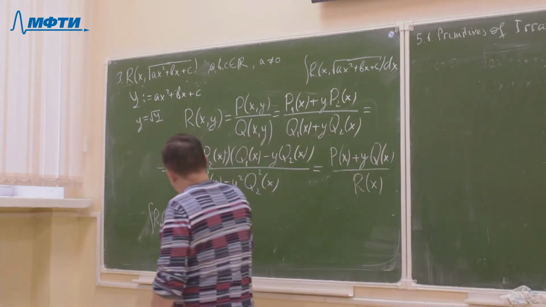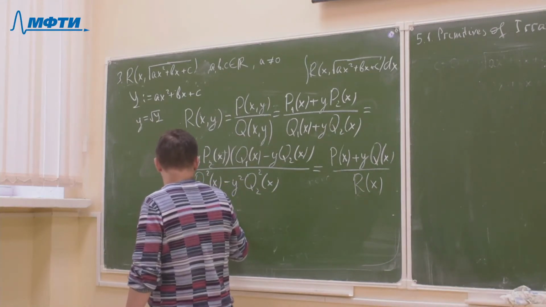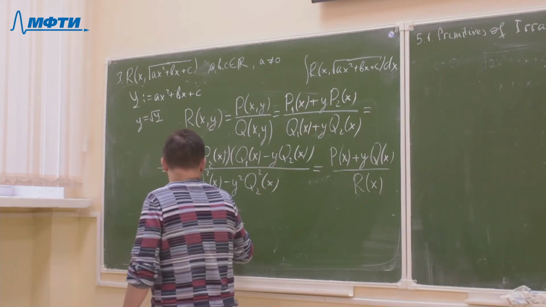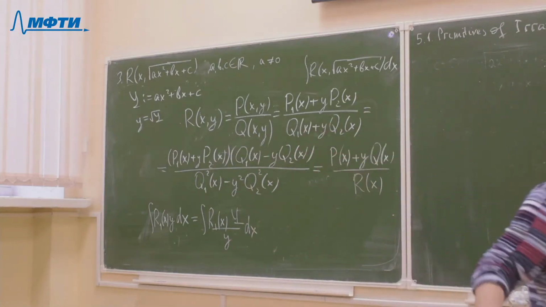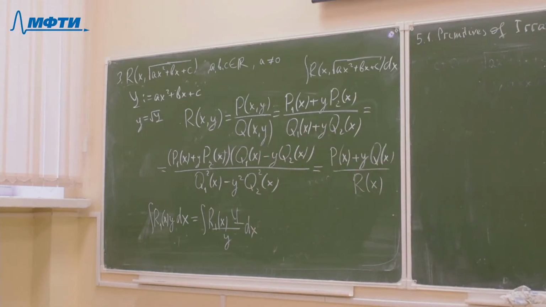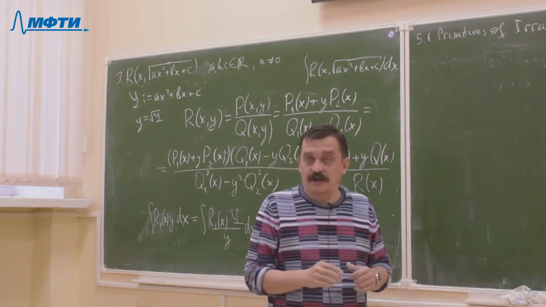And moreover, it is more convenient to represent it by putting the square root into the denominator, because little y is the square root of capital Y. It turns out that it is more convenient. So we have a rational function over y.